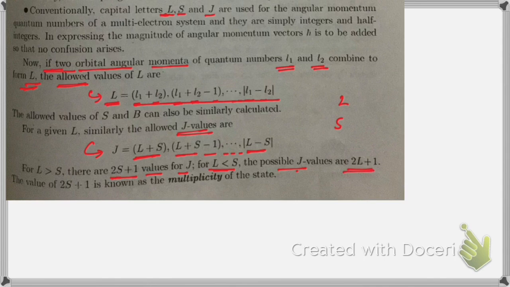This 2S plus 1 is known as the multiplicity of the state.